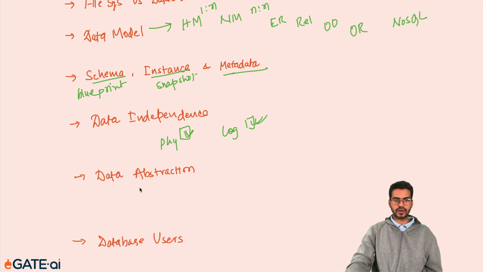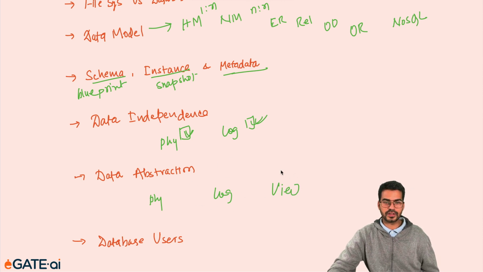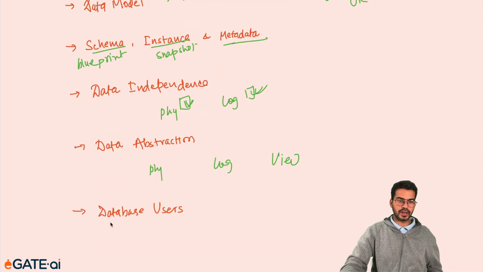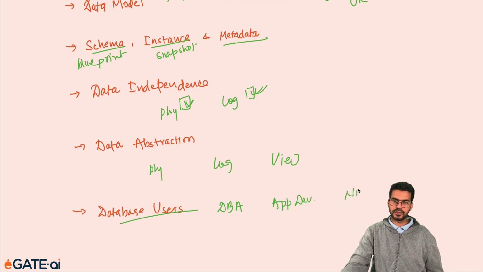We also understood data abstraction. There were three levels at which we work on data abstraction: physical, then logical, and then the view layer. And then we also learned about database users. We learned about the DBA, the application programmer or developer, and naive users.